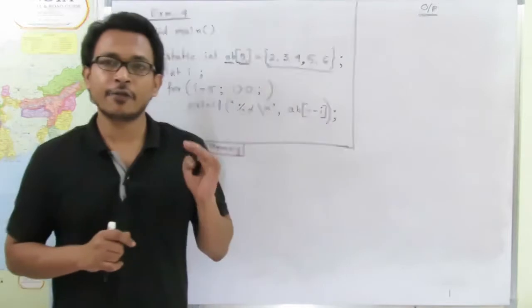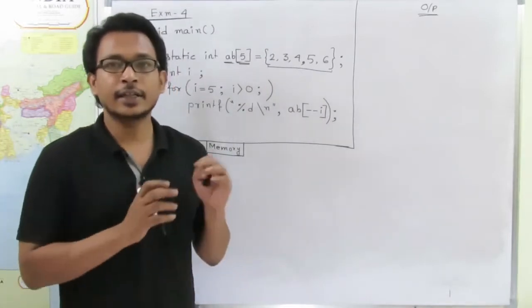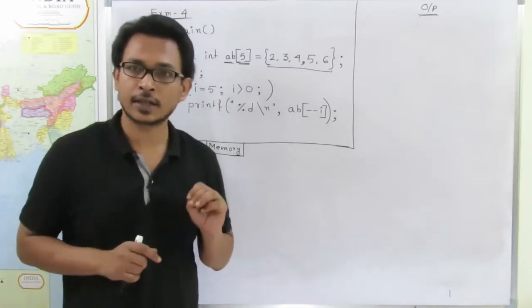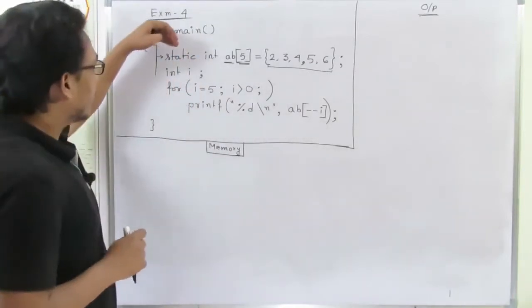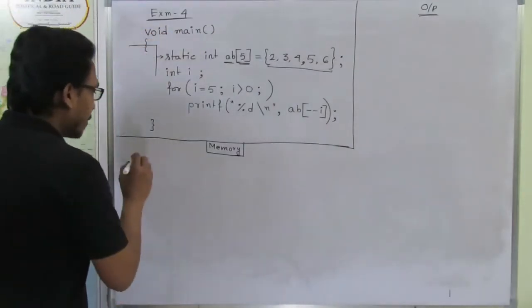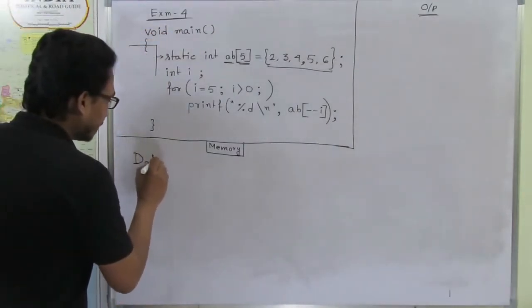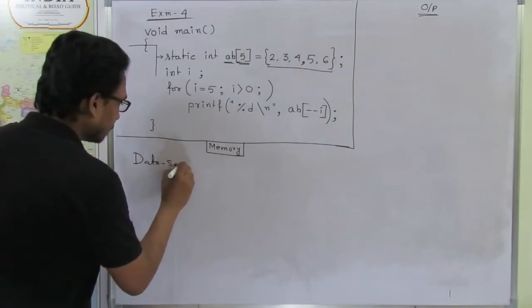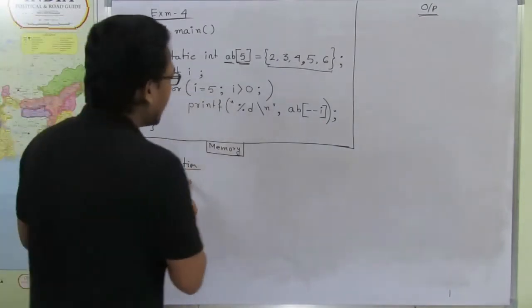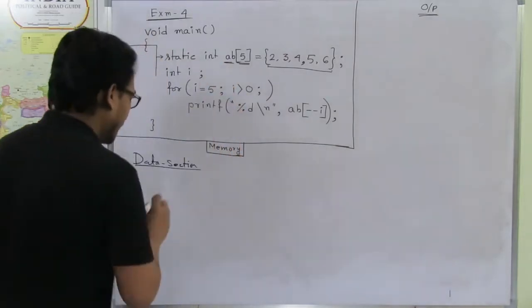Whenever we declare any variable with static declaration, at that time memory will be allocated from the data section. Clear? So as the storage class here is static, in memory from the data section memory will be allocated for this array AB.